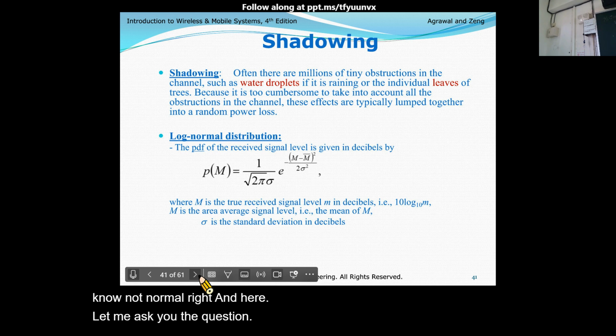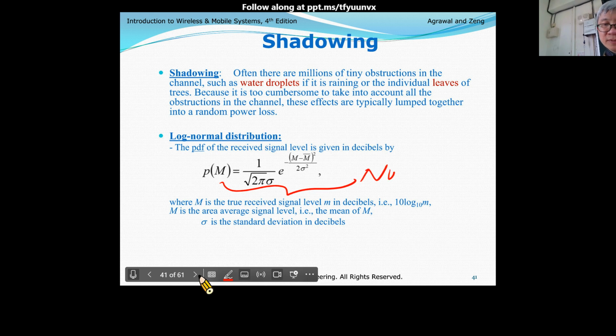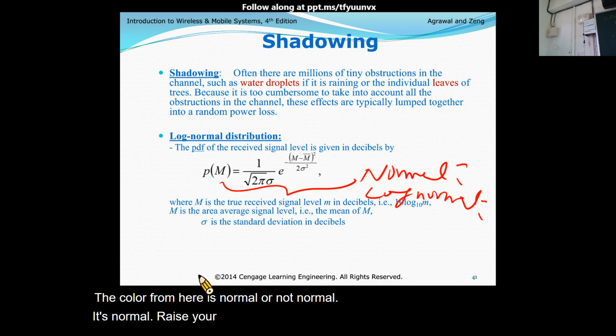The current form you have, is it normal or log normal? If you think it's normal, raise your hands. Log normal? The answer is normal.